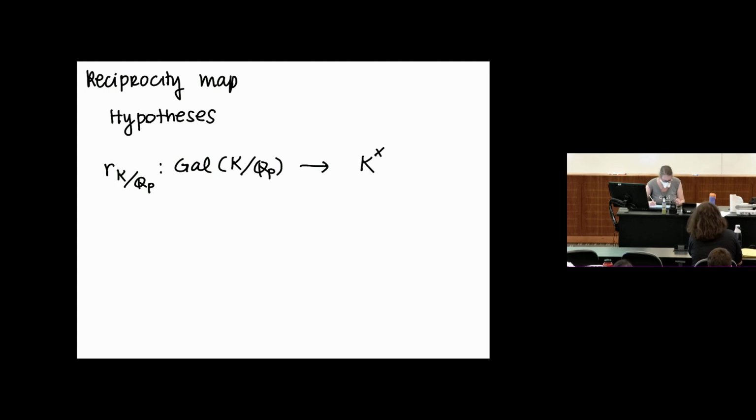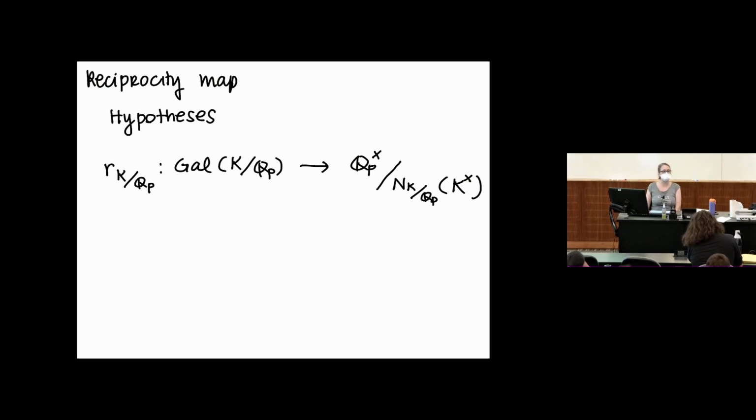But what I want is a map from the Galois group of K over Qp to K cross, and it's actually Qp cross. And it's actually only going to be defined up to the norm of the non-zero elements of K cross.